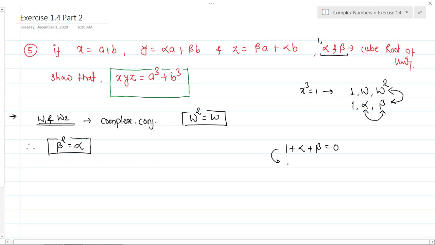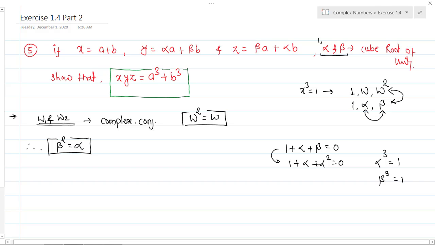Now we can write 1 plus alpha plus alpha square is equal to 0, and alpha cube is equal to 1, and beta cube is also equal to 1. This is the given information.